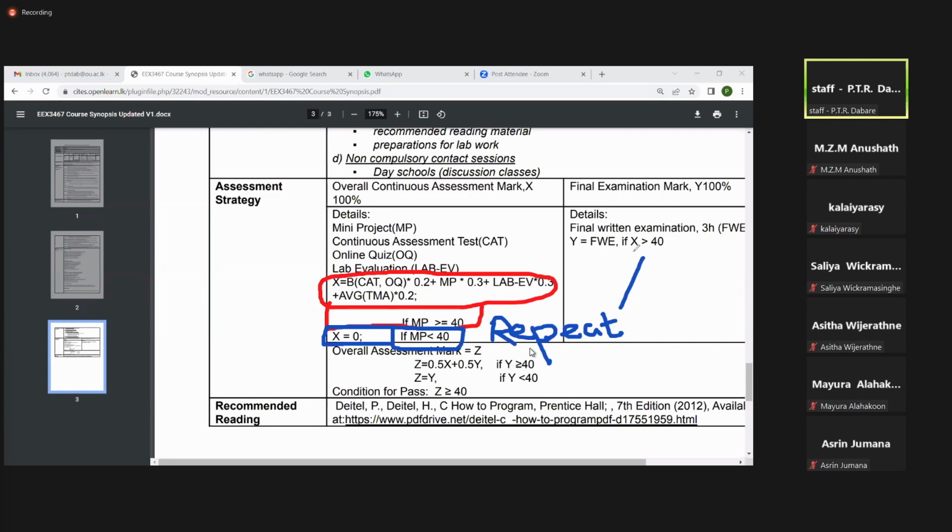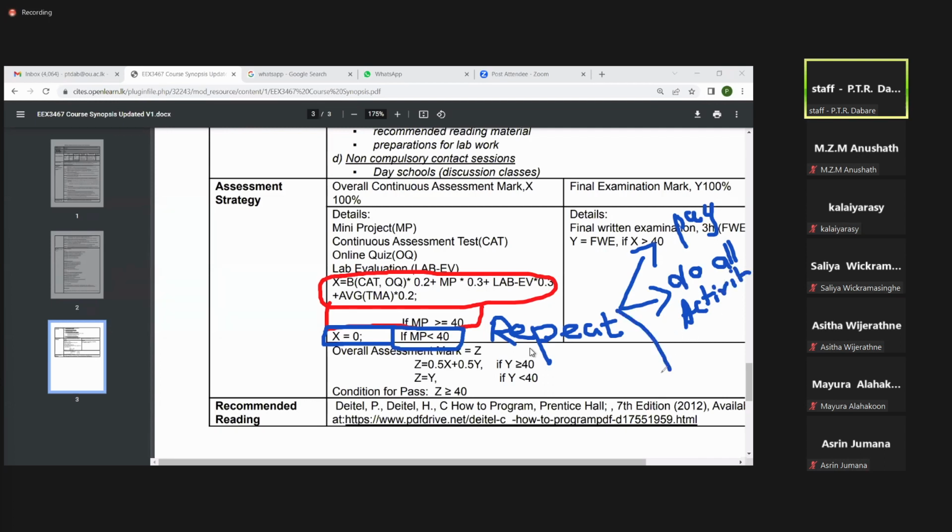And you will have to pay for this course again. And you will have to do all the activities again for this course. Although you did lab and TMS, you will have to do all these activities again because you are considered a repeat student.